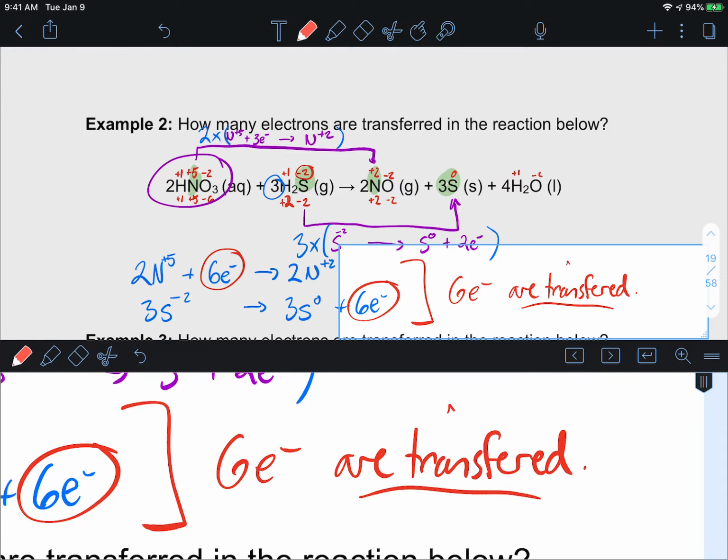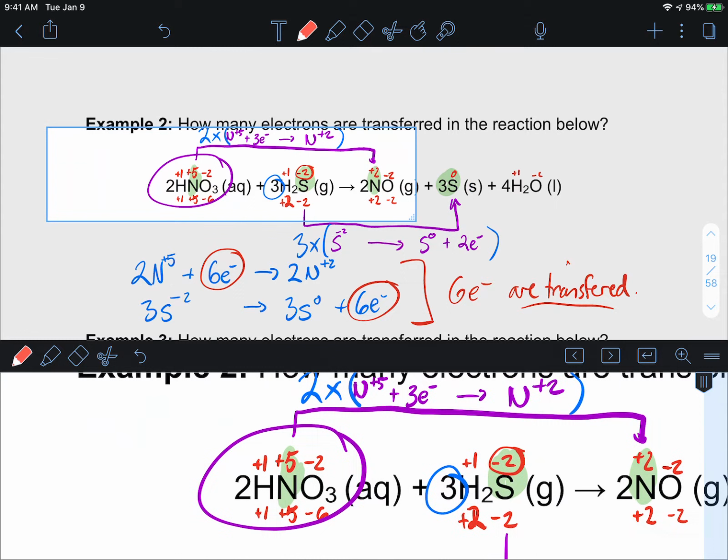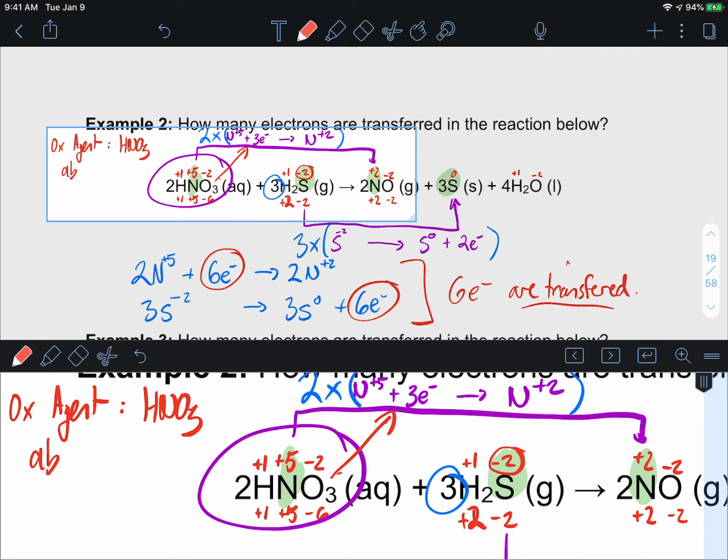Another option is to think about this expression as how many electrons this nitrate compound can absorb. For example, this oxidizing agent, the nitric acid, HNO3, absorbs 3 electrons.